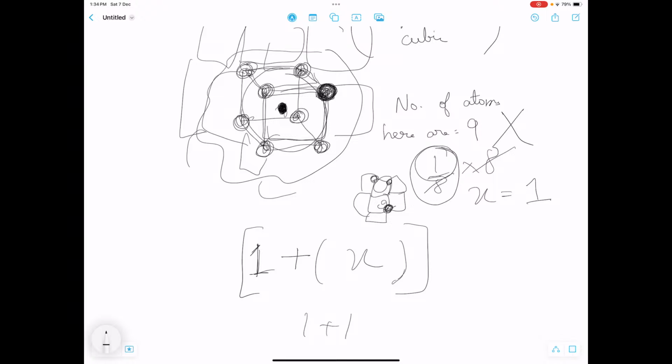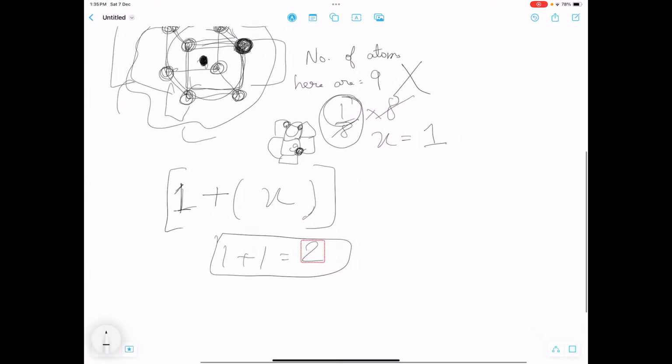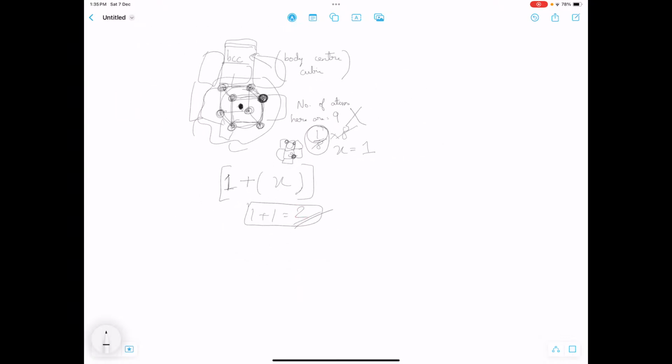So 1 plus 1 becomes 2. Therefore we come to know that in a body-centered cubic structure, the total number of atoms is 2. Now there's one more type of cubic structure called SCC, simple cubic structure.